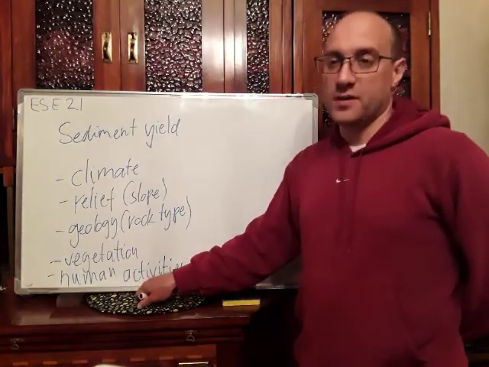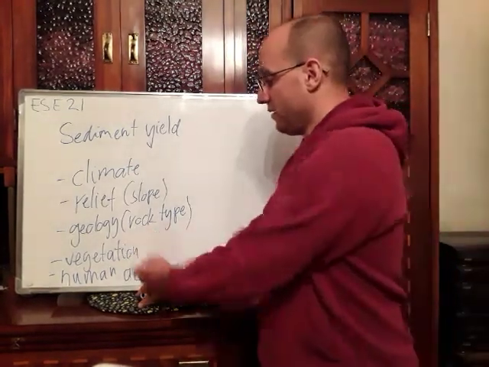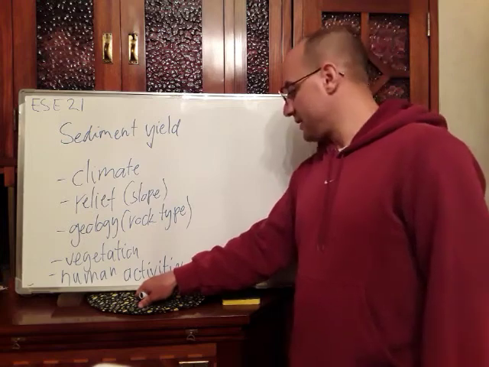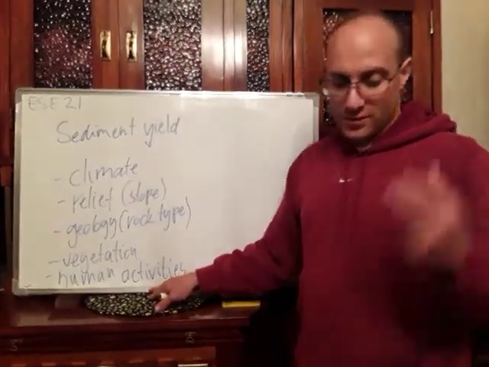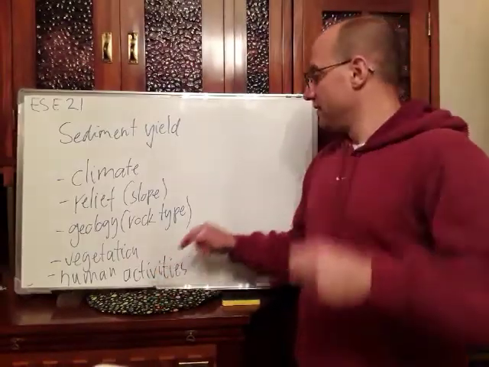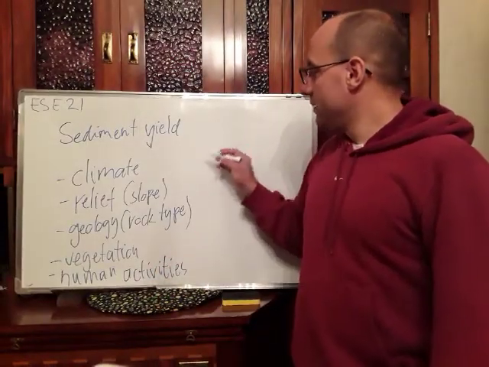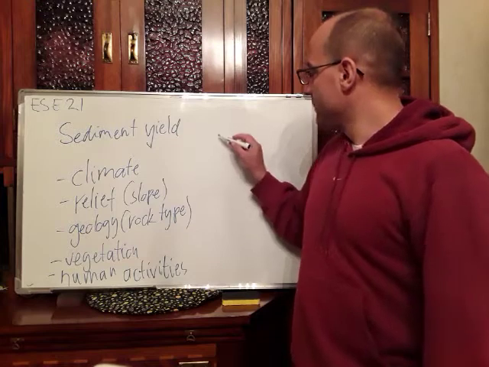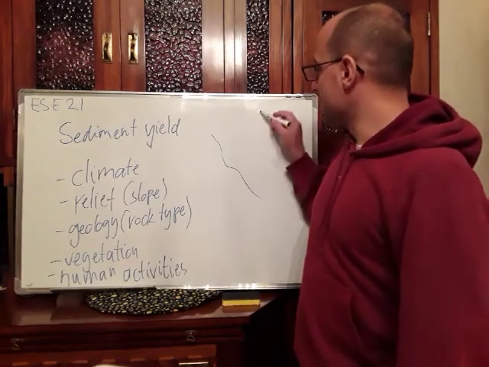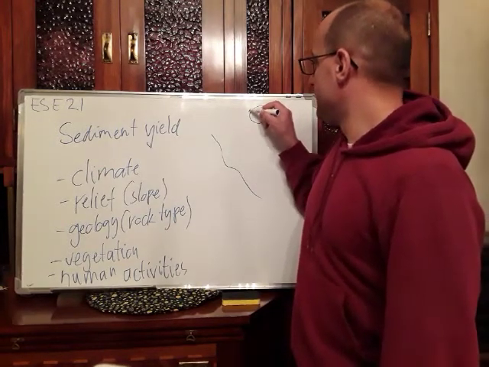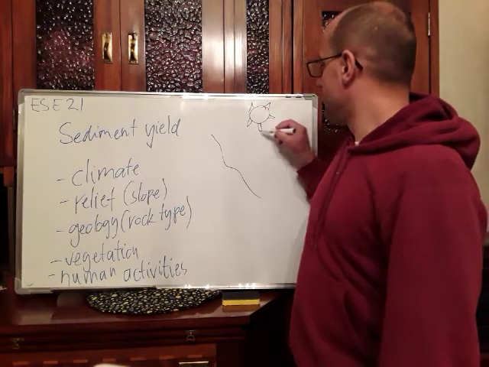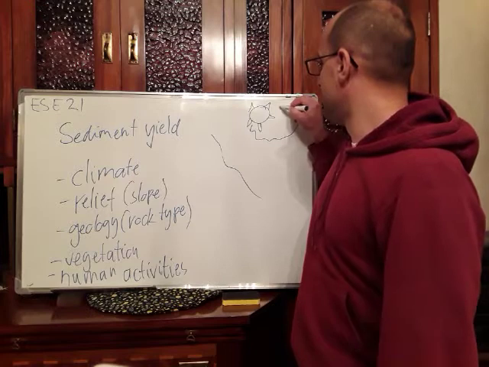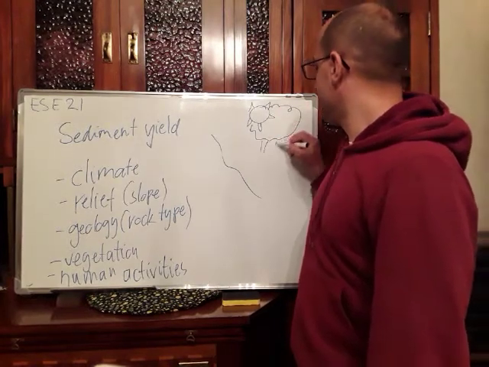So what kind of human activities? Well, it can be about agriculture, vegetation, it can be about building cities, urbanization, or whatsoever, deforestation. So altogether, it's very much about climate. We can think about the kind of the slope. Here I put the climate, so the sunshine, also the clouds, and the rainfall.